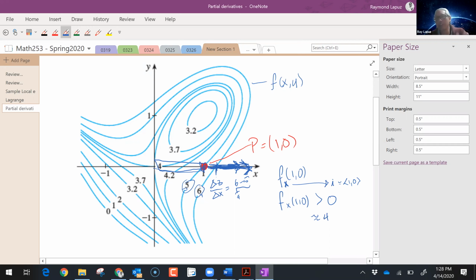I'm not going to ask you this on the test, but that's one way you can approximate. Not only is it positive, but you can actually get a value, and the value is probably going to be 4. So that looks pretty steep.